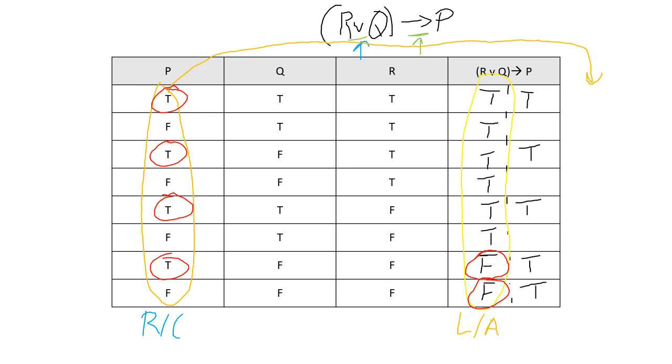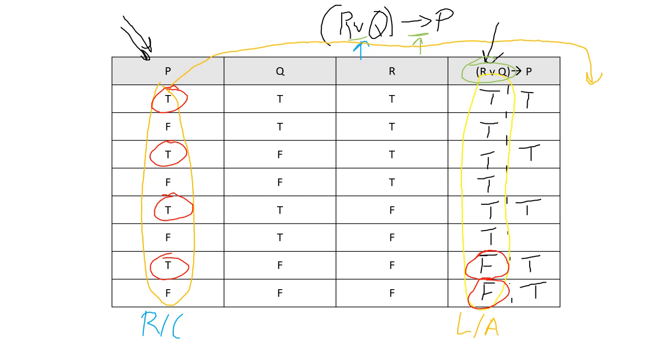So remember, don't be confused just because this appears on the left side of the table and this one looks like it appears on the right side of the table, that this is your left side and this is your right side. Reality is that your arrow is what you're evaluating here in the middle. So the R or Q is on the left side.